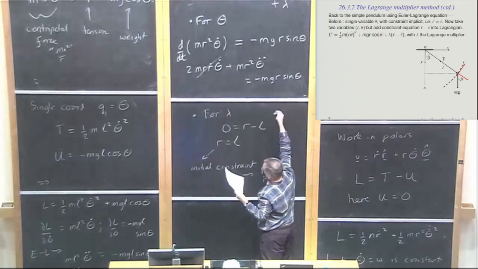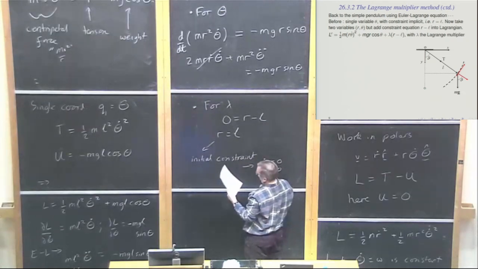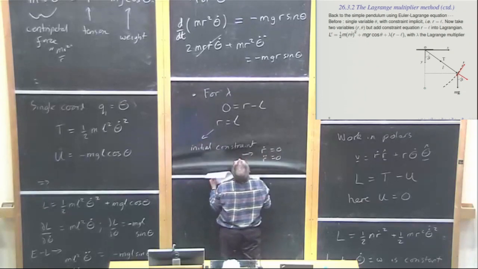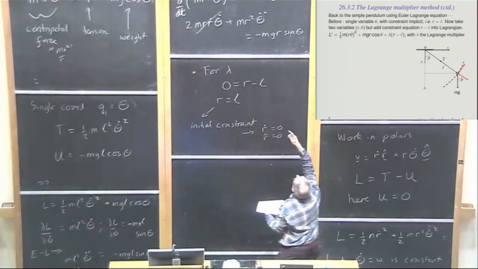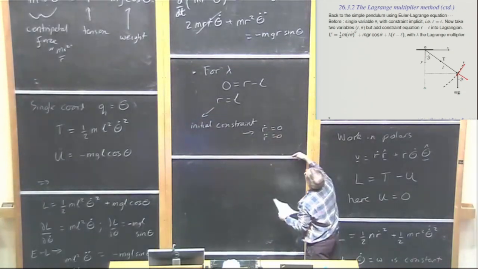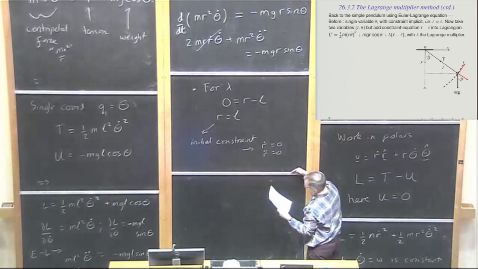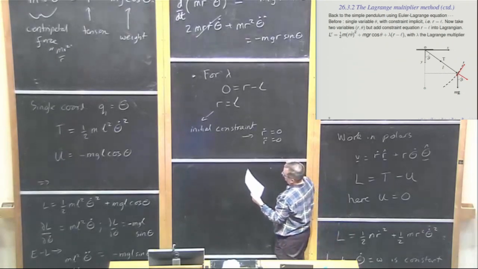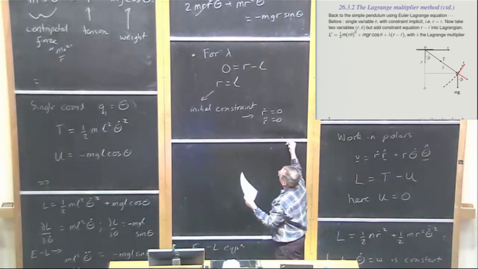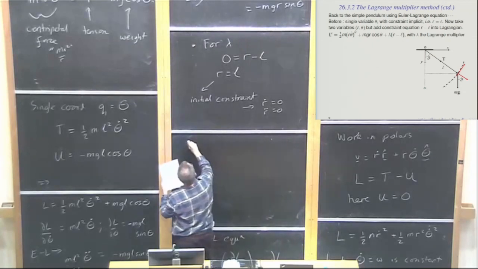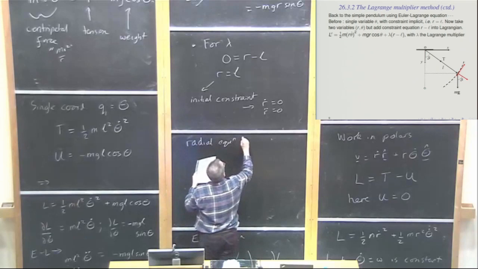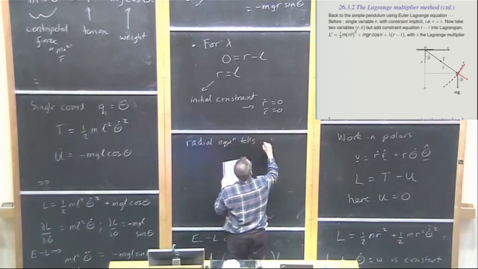So the theta result is just as before. What's interesting is the radial equation, because now the radial equation actually tells us what lambda is.